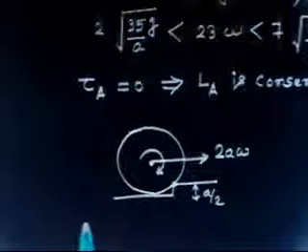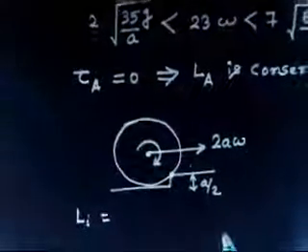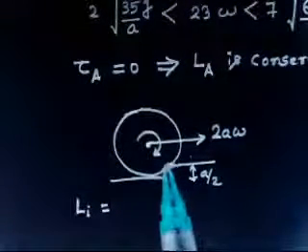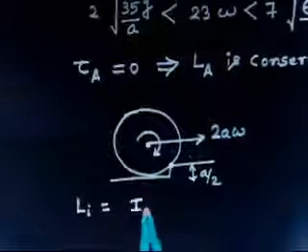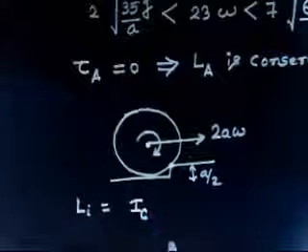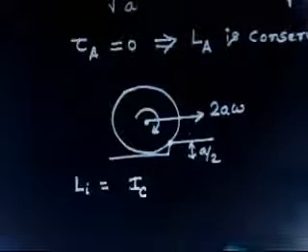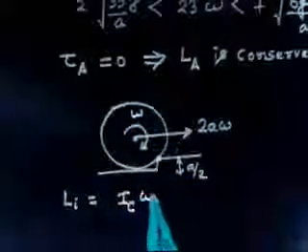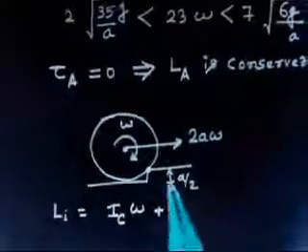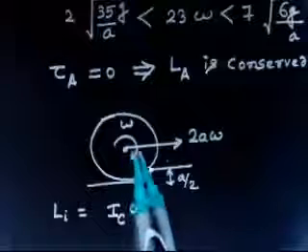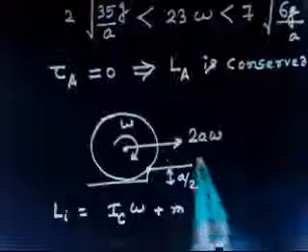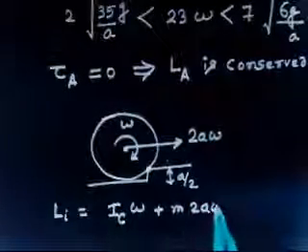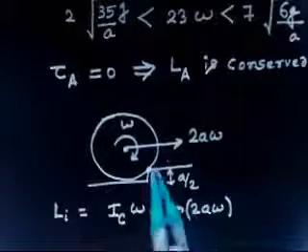The initial angular momentum is the angular momentum of the center of mass plus the angular momentum about the center of mass. About the center of mass, it is moving with angular velocity omega, so let us say IC is the moment of inertia about the center of mass, so I into omega, plus the angular momentum of the center of mass, which is moving with 2a omega, so MVR, where V is 2a omega and R is this height.